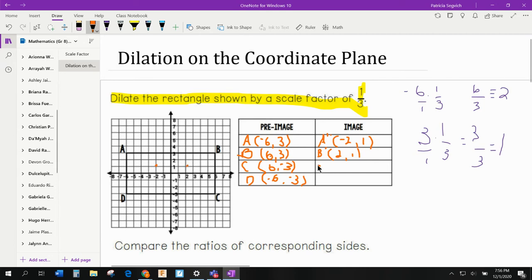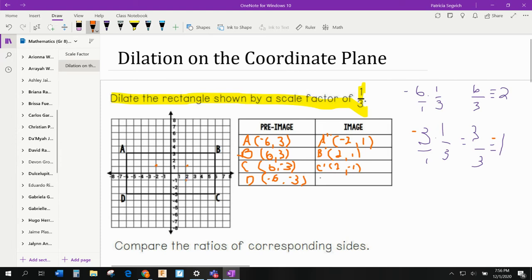Now for C prime, we have 6 again. 6 times 1/3 is 2. And -3 times 1/3 would be negative 1. So I have 2, -1. It's going to go right there.